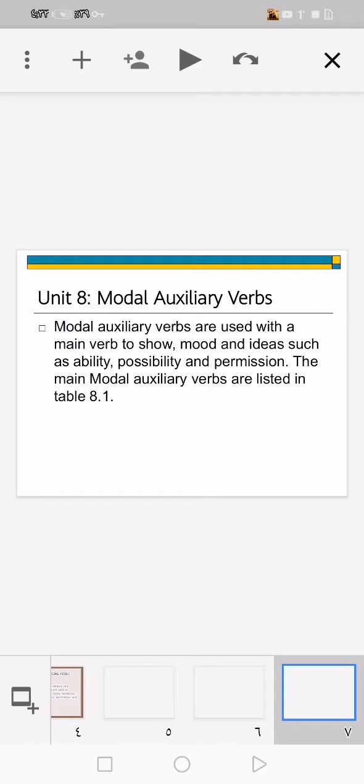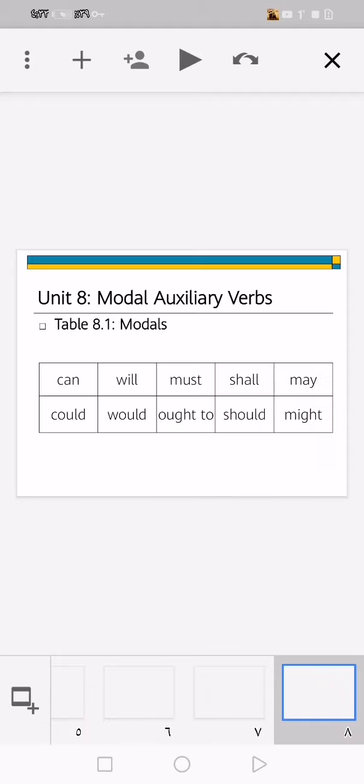The main modal auxiliary verbs are listed in this table. For example, Table 8.1: can, present form; could, past form; will, would; must; ought to; shall, should; may, might.